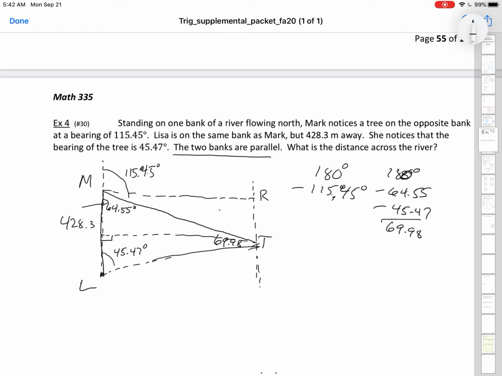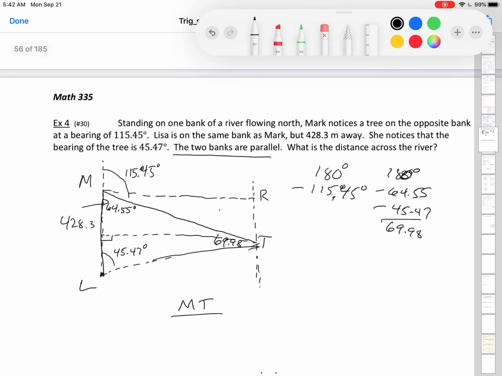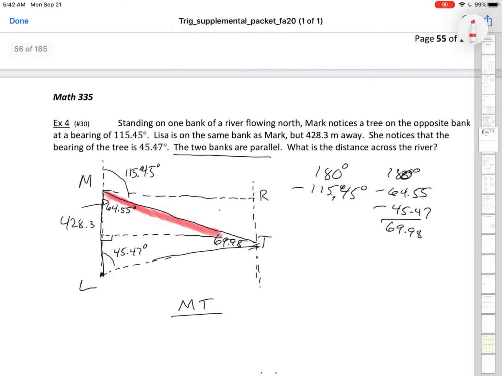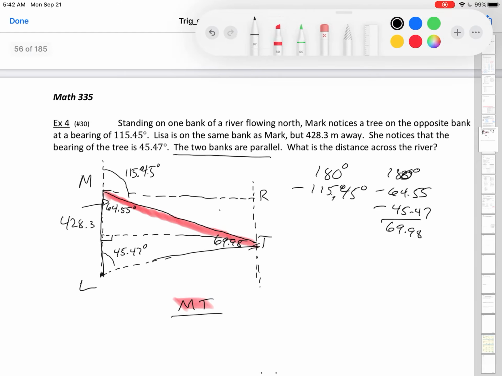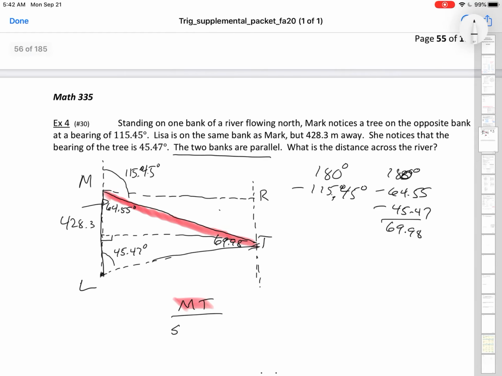So let's look at something. The distance from M to T, do you see that there? That distance is this distance right here. The distance MT over the sine of the angle opposite it, which is 45.47, has got to be equal to the 428.3 all over the sine of 69.98.